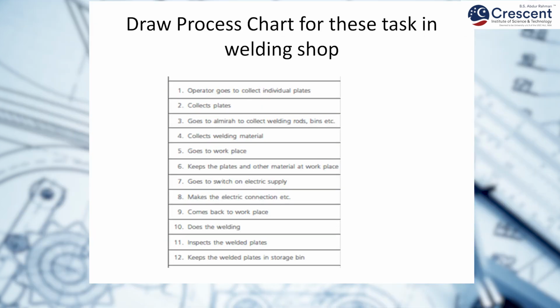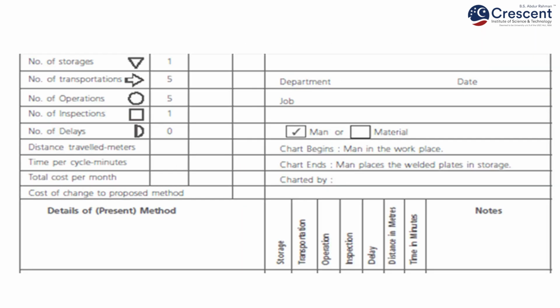Let us consider one example of a welding shop, in which the operator goes to collect the individual plates, and then he collects the plate, and then he goes towards the almirah and collects the welding rod, and then collects welding material, goes to the workplace. So, these are the 12 activities performed by the operator. Let us see the man type process chart for that one.